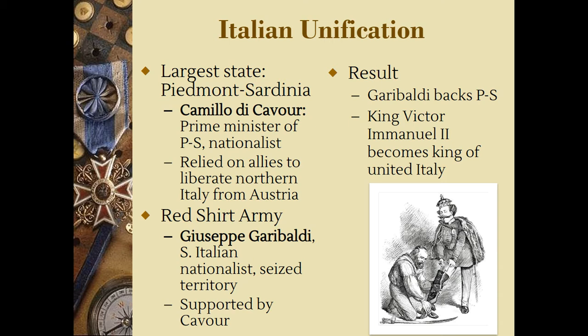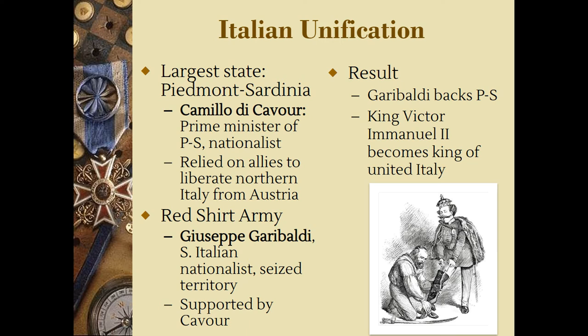Meanwhile, Cavour, still aiming to unite the whole of Italy, is going to start to support nationalist revolutions in southern Italy. These nationalist revolutions in southern Italy are being led by Giuseppe Garibaldi. And so he is a southern Italian nationalist. Again, Cavour is going to reach out to him. He is going to support Garibaldi during these revolutions.